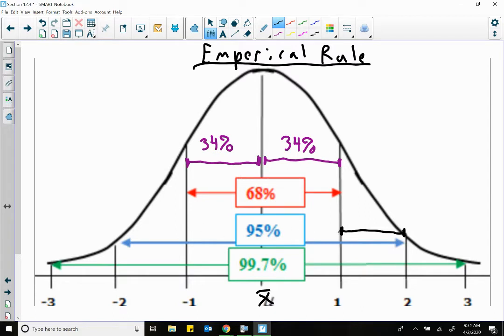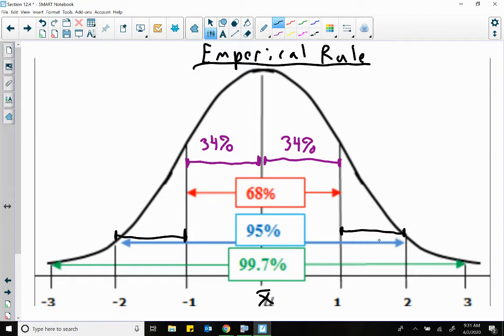How much is between these two lines? 68%. So if I take 95 minus 68, we get 27. So 27% is here and here.